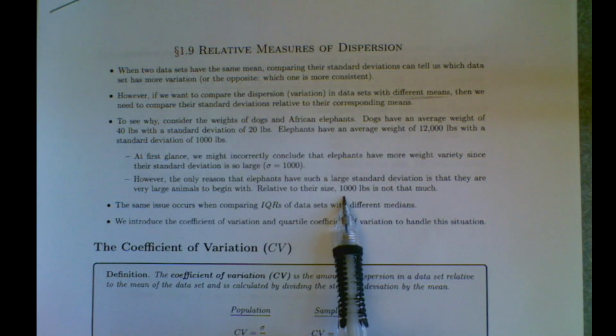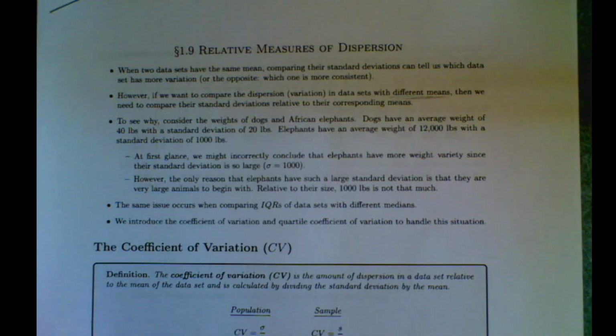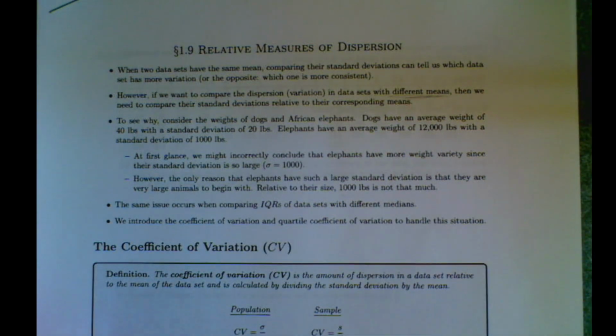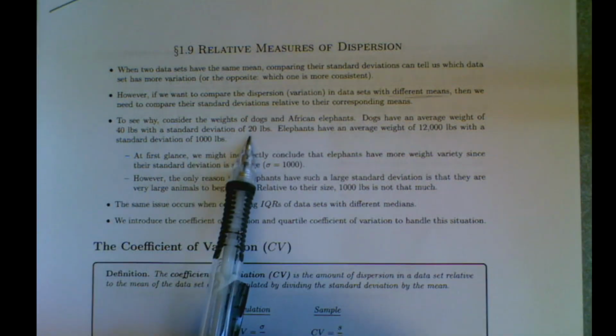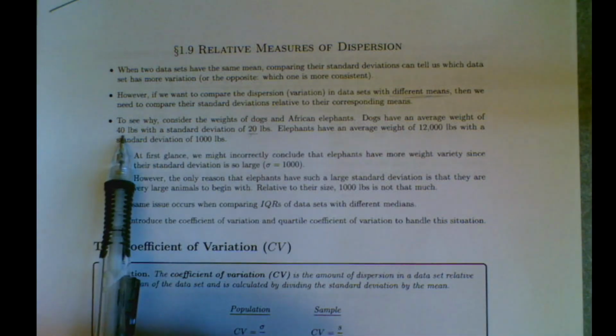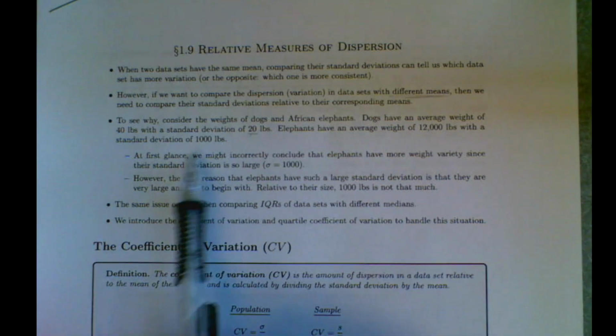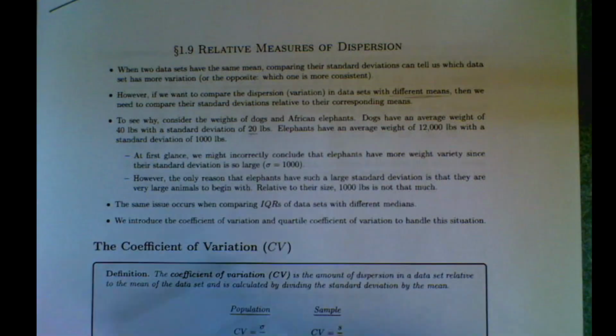So 1,000 pounds is not that much relative to their average size of 12,000 pounds. Notice that with dogs, their standard deviation is half as large as their average weight, whereas with elephants it's just a small fraction of their average weight.